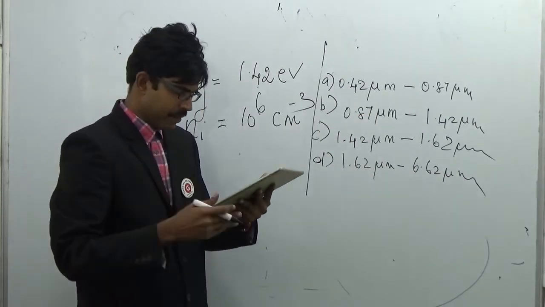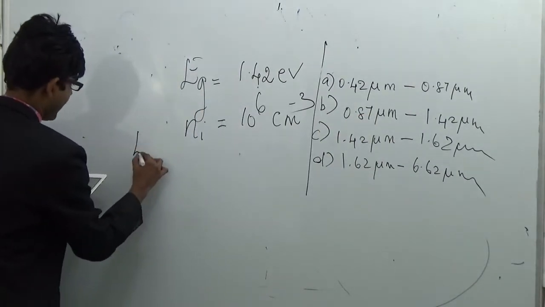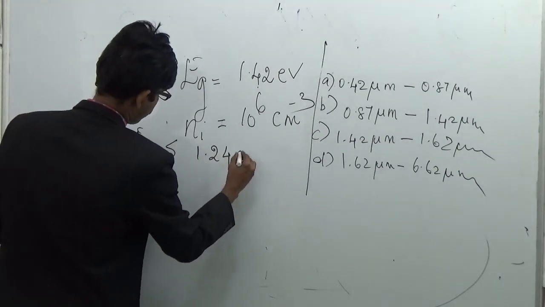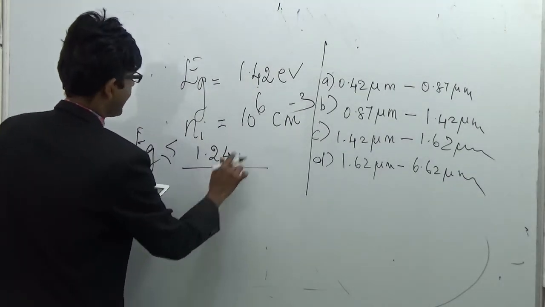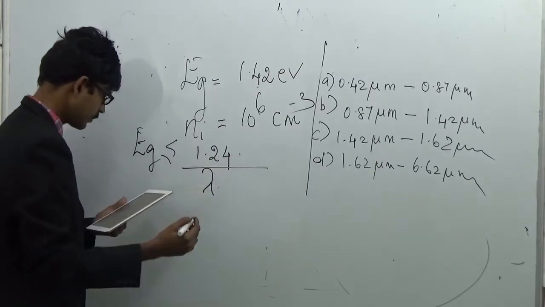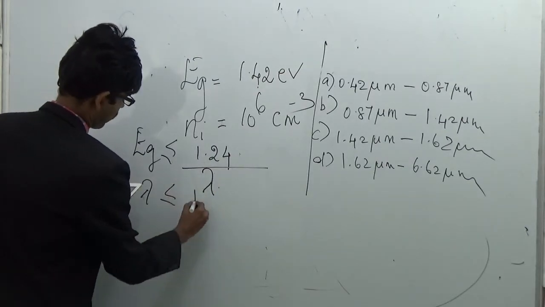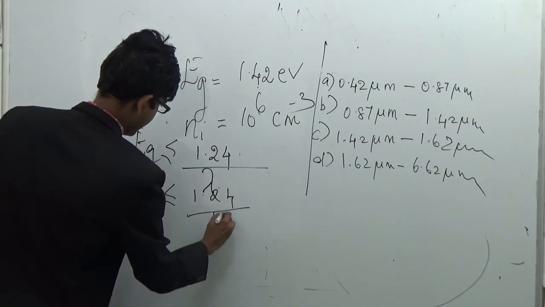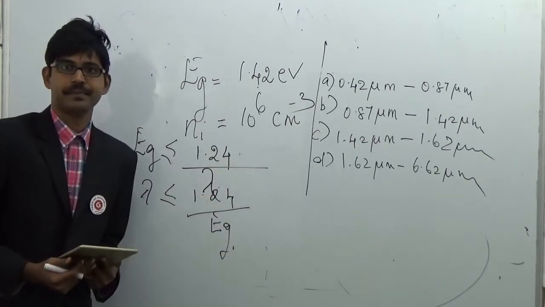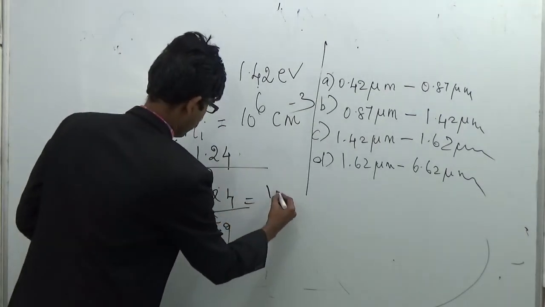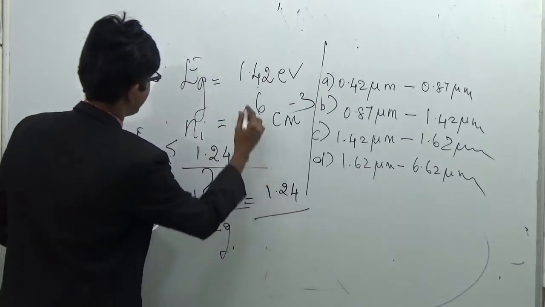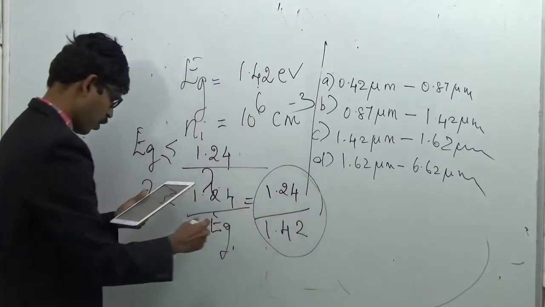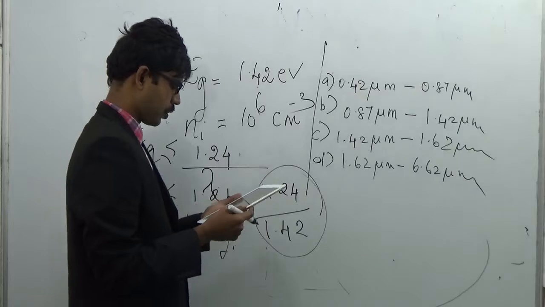The very fundamental formula is Eg must be less than or equal to 1.24 divided by the wavelength, or wavelength is lesser or equal to 1.24 divided by the band gap energy. So it is equal to 1.24 divided by 1.42.